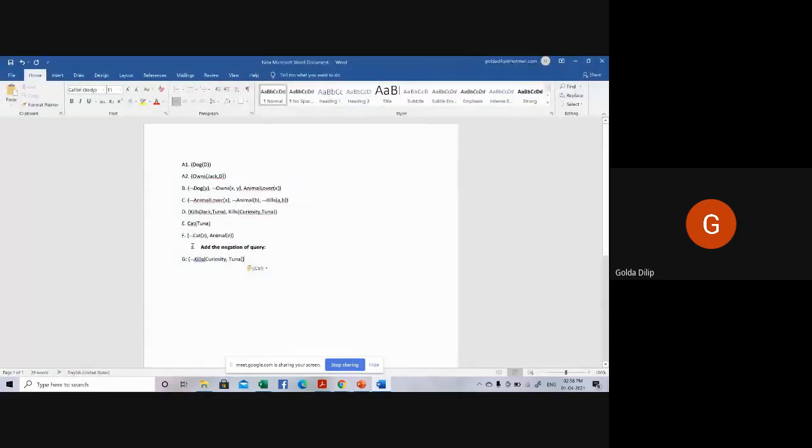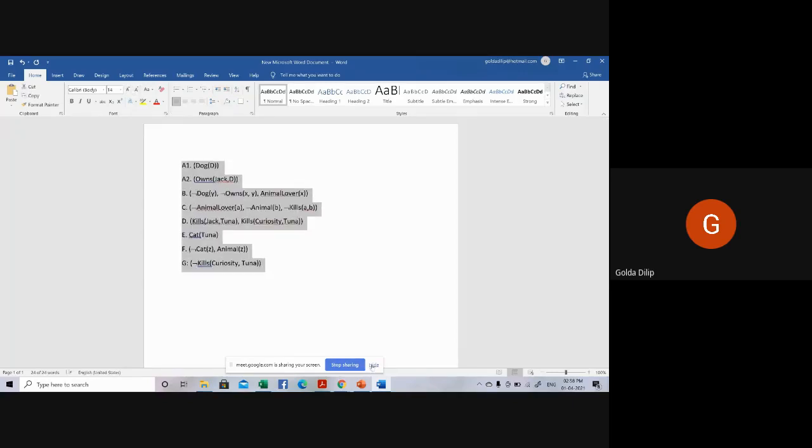Here you have all your statements. These are the 9 statements, including your negated goal: 1, 2, 3, 4, 5, 6, 7, and your negated goal.